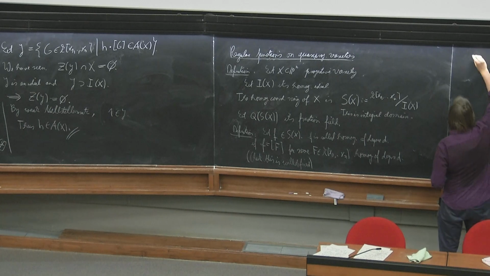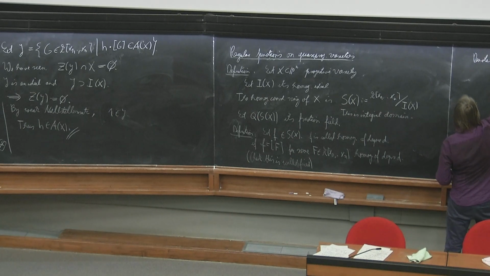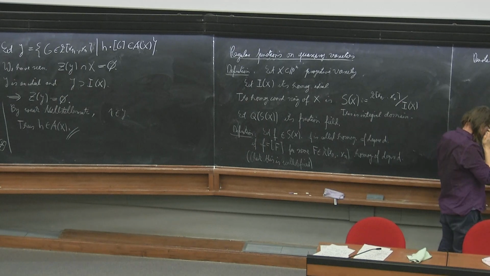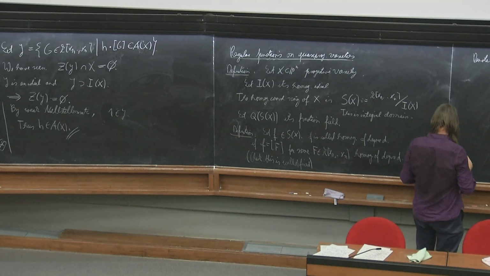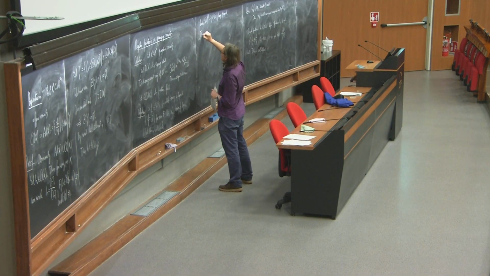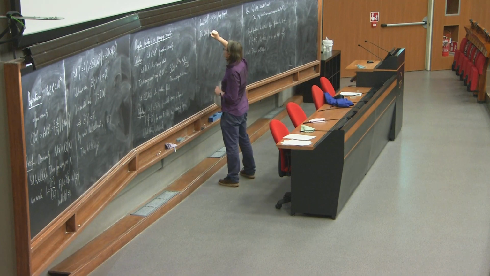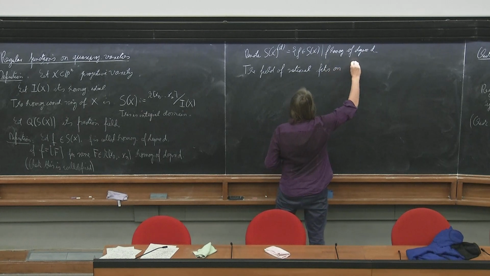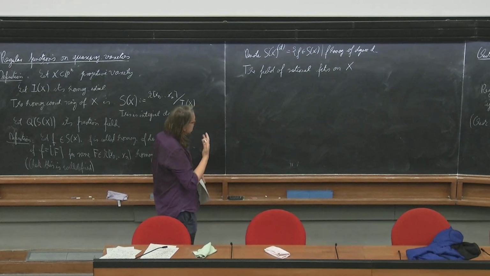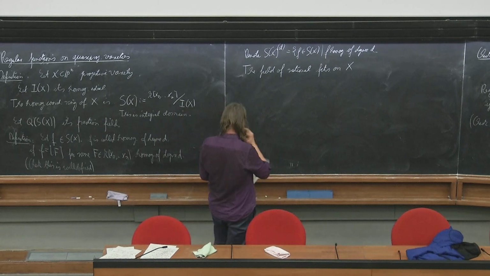So I denote by S(X)_d the homogeneous elements of degree d, and I define the field of rational functions K(X) to be just the elements in the fraction field which are quotients of homogeneous polynomials of the same degree.